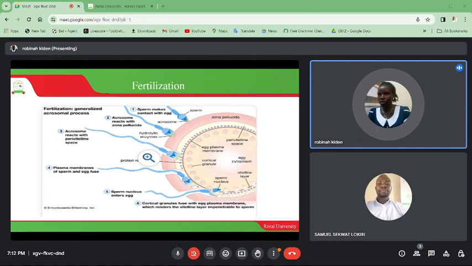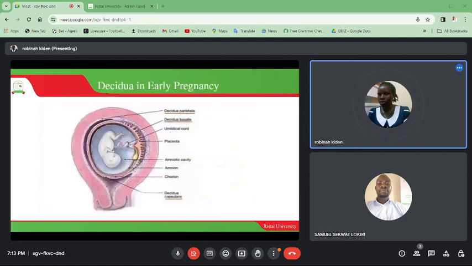Right there we have a picture showing how fertilization takes place. As you can see, once the first spermatozoon has touched the nucleus of the egg, the zona pellucida is formed and shields off the other sperm to make sure that they don't fertilize the egg again.